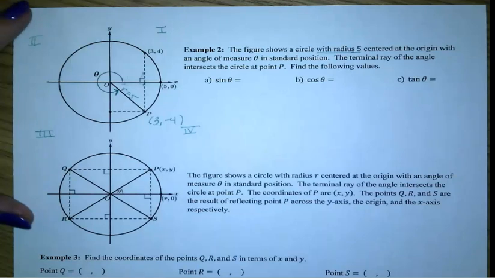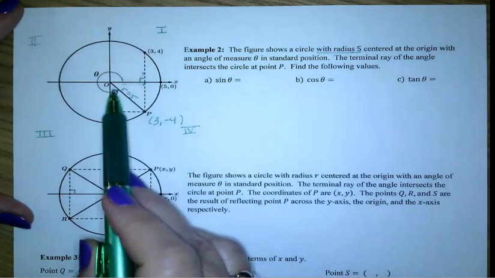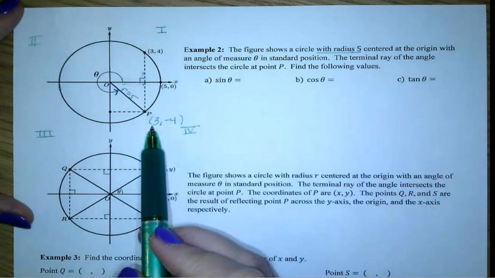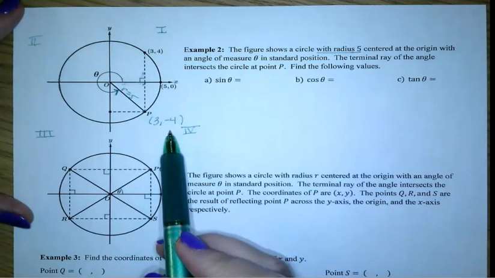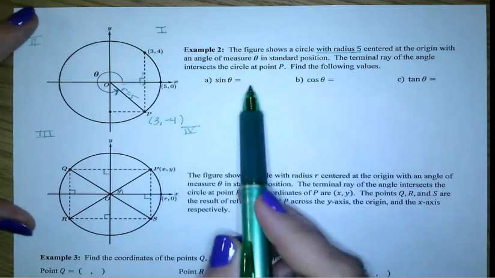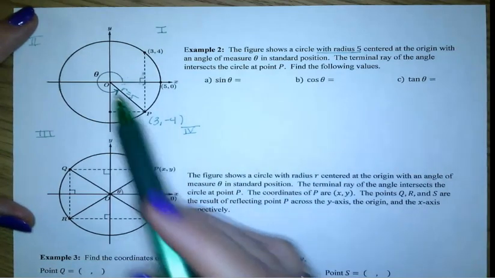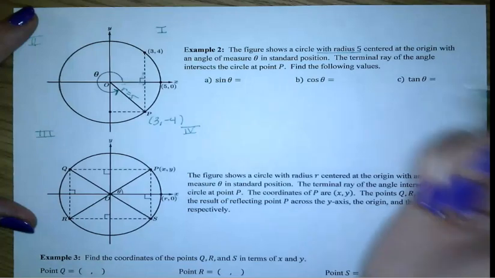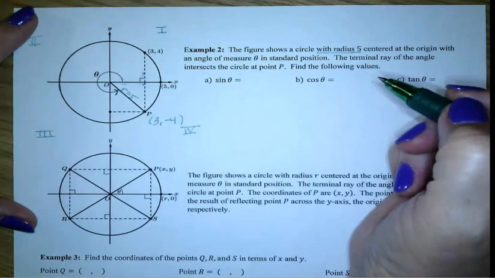Okay, so now that we have these points, I know that I have a horizontal displacement of 3 and a vertical displacement of negative 4. So I want you to pause your video and we're going to use the ratios and then find those equivalent ratios in the circle. So I don't have to flip back and forth, let's just go ahead and write them in together before you pause.